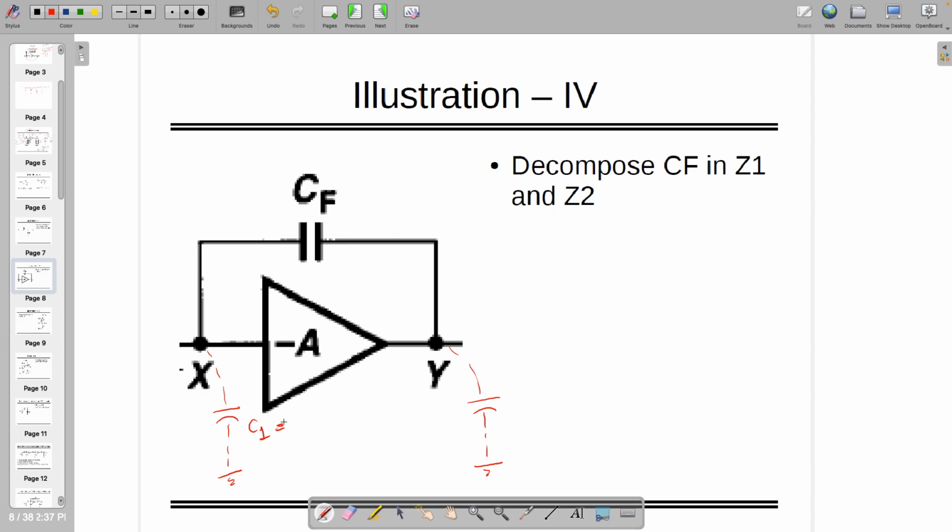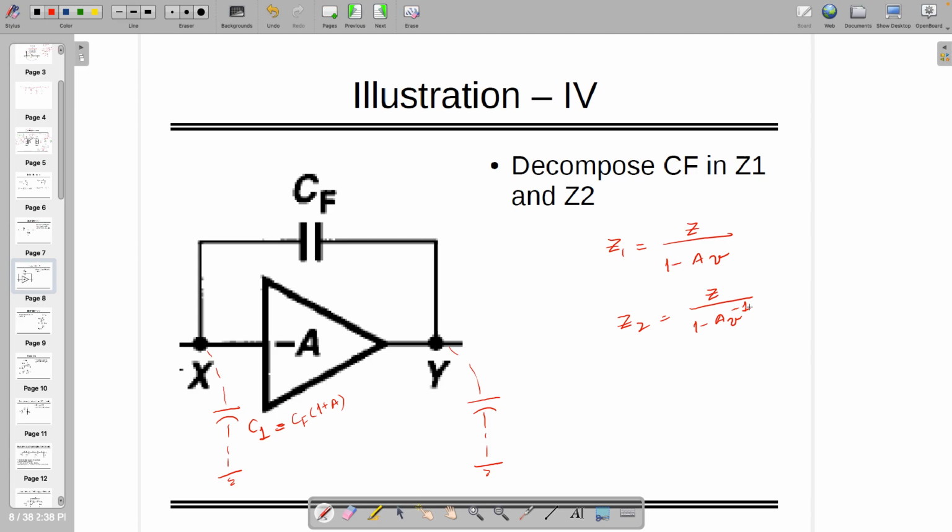CF into 1 plus A. Is it correct or not? What was the negative, and what is Z1? Z divided by 1 minus AB, Z2 is equal to Z divided by 1 minus AB inverse.